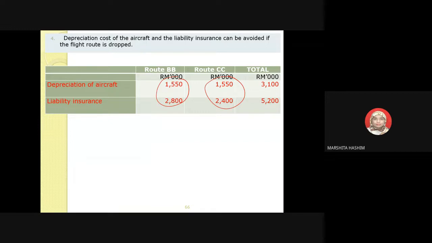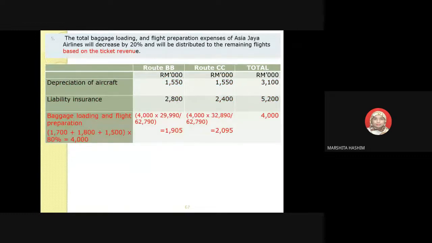Number 5, total baggage loading and flight preparations will decrease by 20%. So altogether, how much altogether? 1007 plus 1008 plus 1005, altogether is actually 5000.